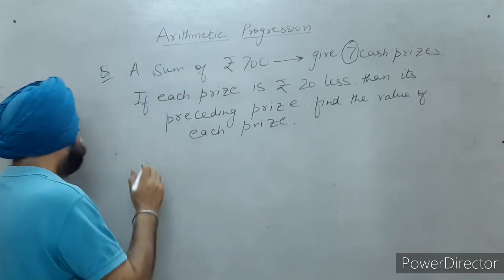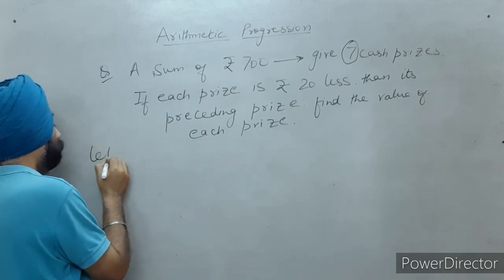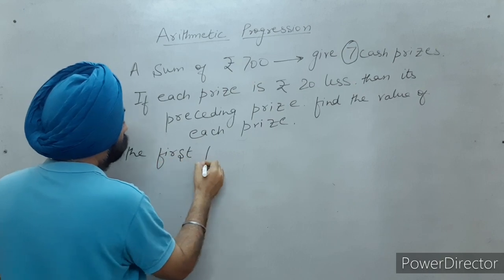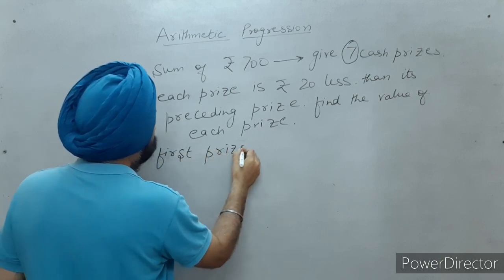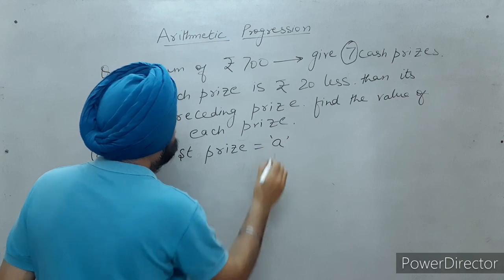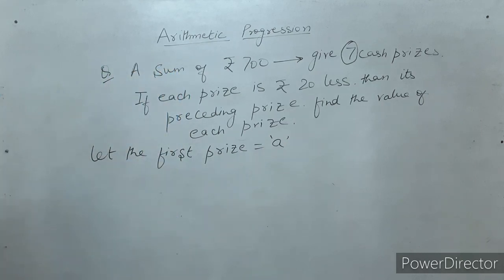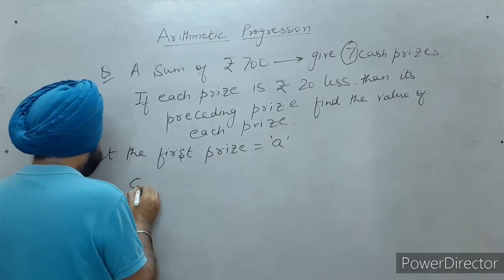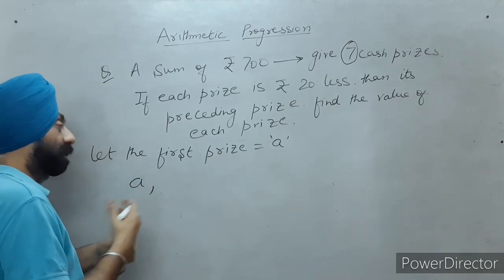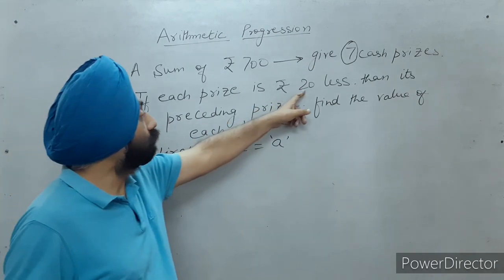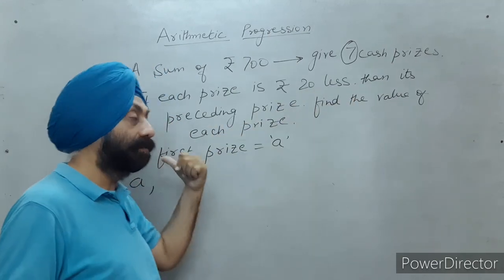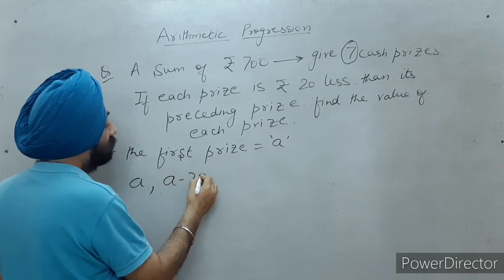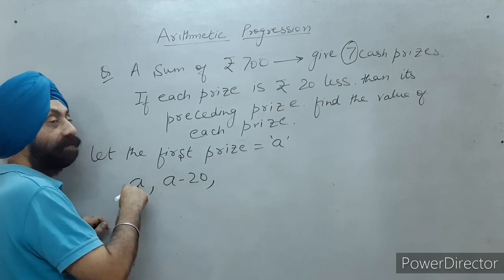Now let the first prize equal A. Now the second prize will be what? First prize is A, second prize is rupees 20 less than its preceding prize.